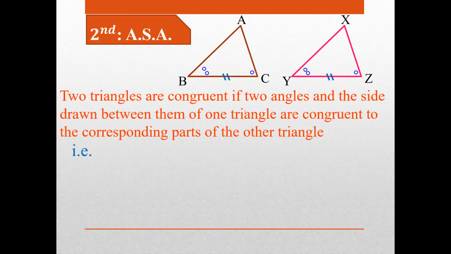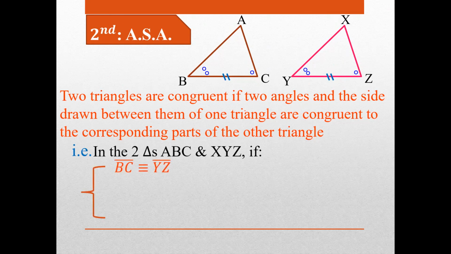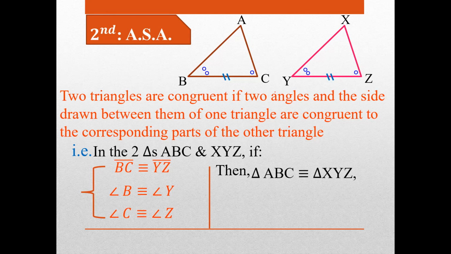So, if BC is congruent to YZ, angle B is congruent to angle Y, and angle C is congruent to angle Z, then the two triangles are congruent. So triangle ABC is congruent to triangle XYZ.